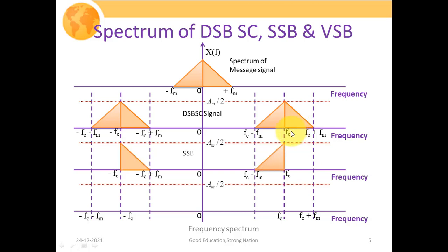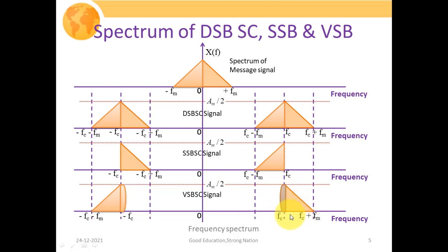Then we'll have the single sideband suppressed carrier systems, where we are intentionally transmitting only a single sideband. We are suppressing the carrier power and one complete sideband, in contrast with your double sideband suppressed carrier systems. Whereas in your VSB systems, we will have one complete sideband and some portion of another sideband.